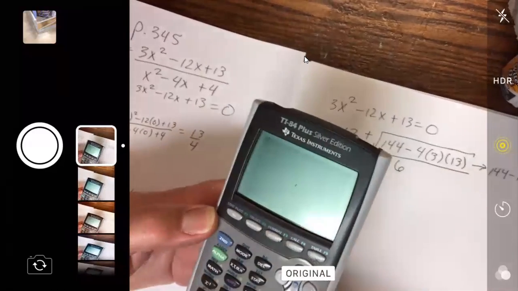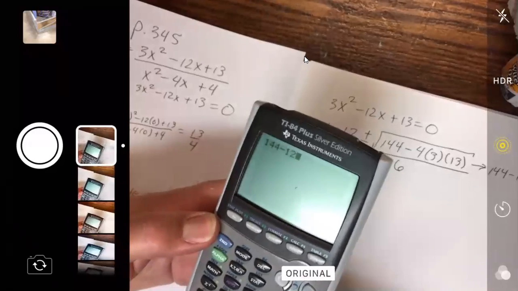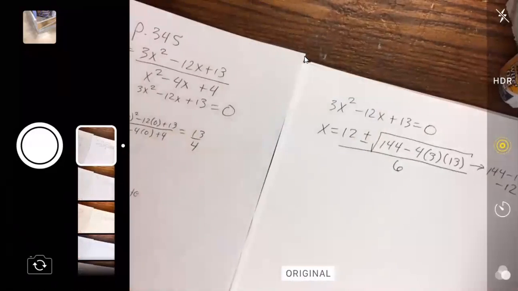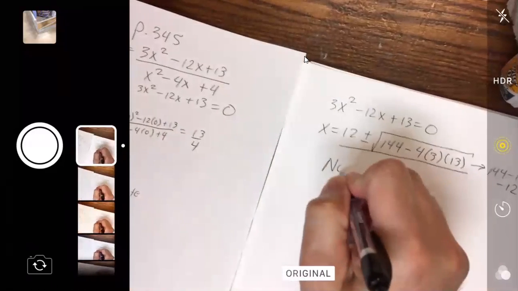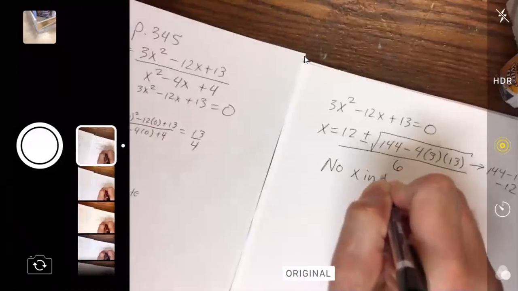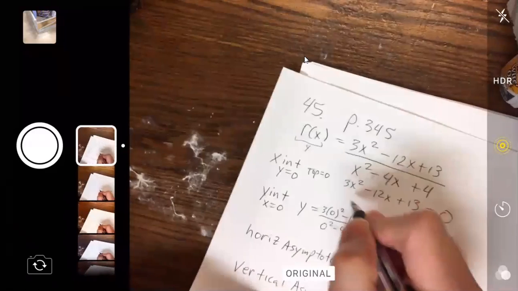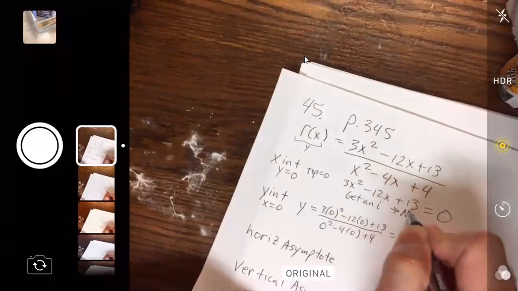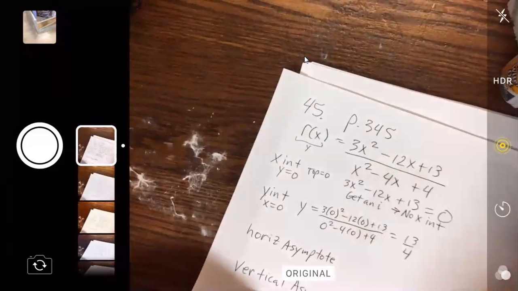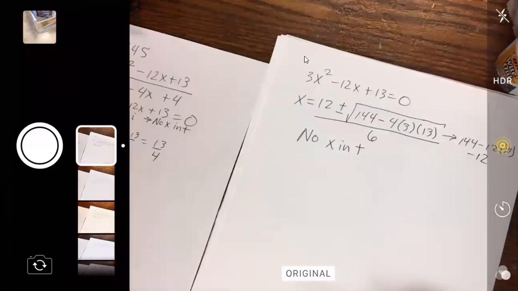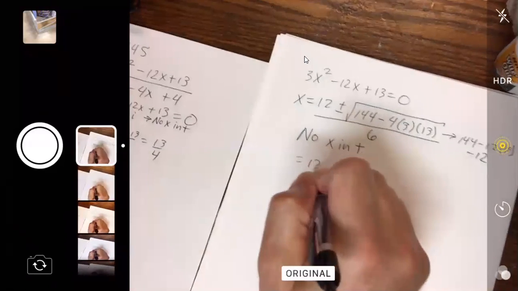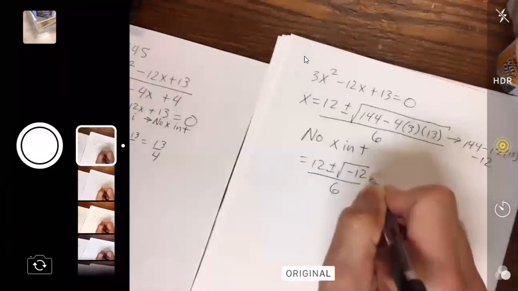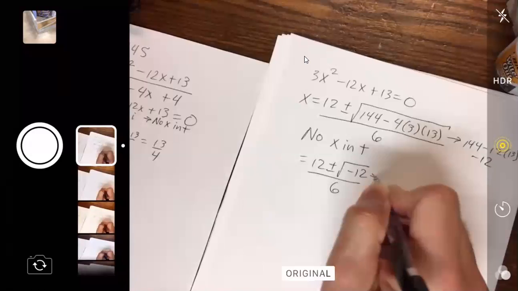So we got 144 minus 12 times 13. That's negative 12. Square root of negative 12 is an i, so this has no x-intercepts. You will get an i. No x-intercepts. You have 12 add and subtract square root of negative 12 divided by 6. This is i root 12.